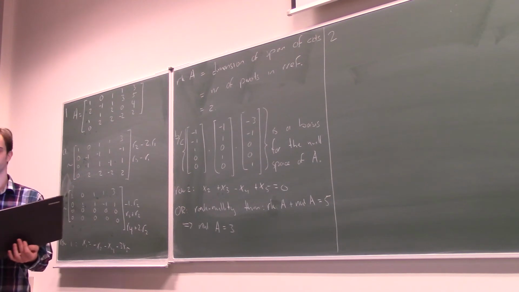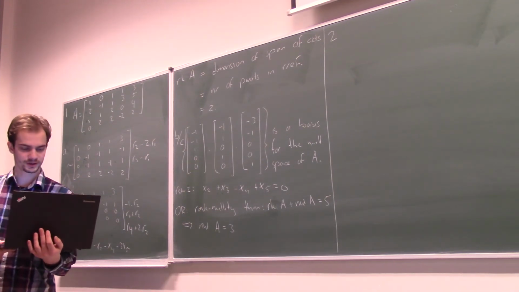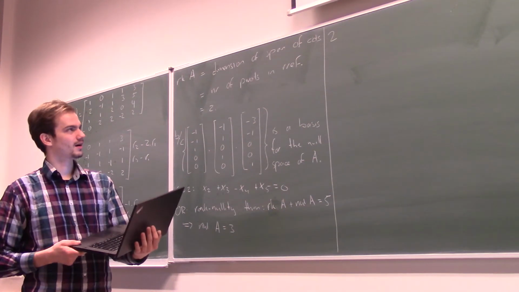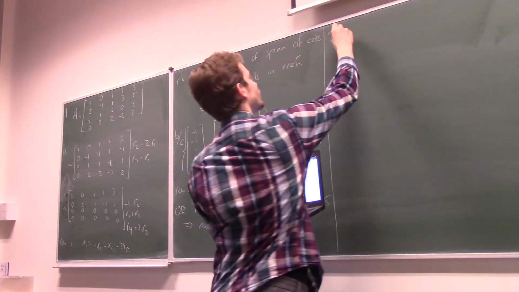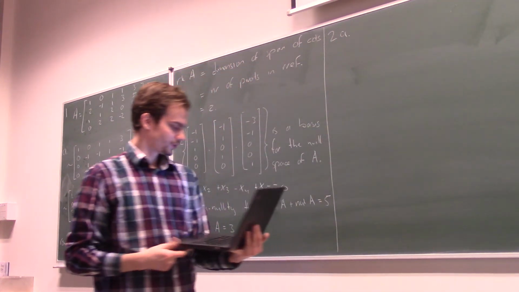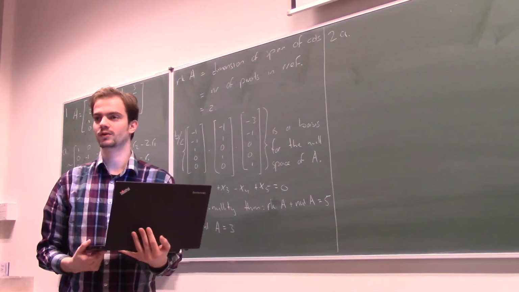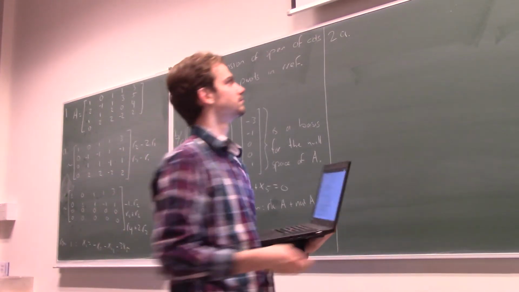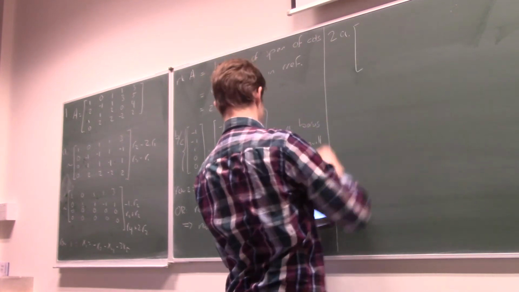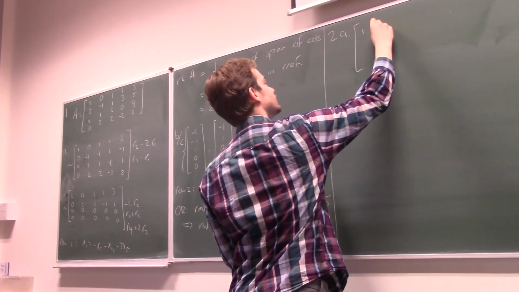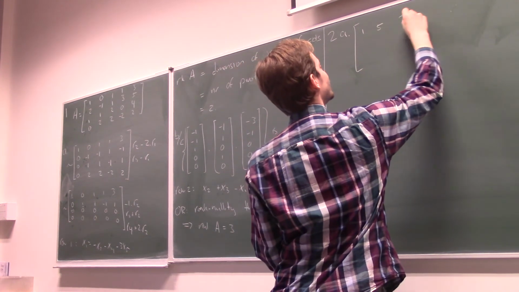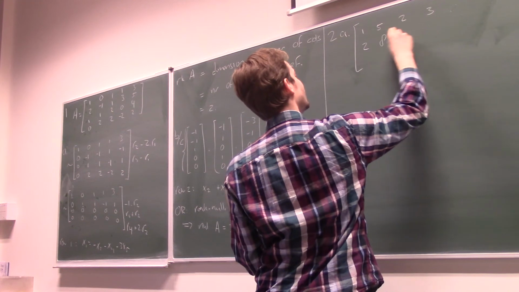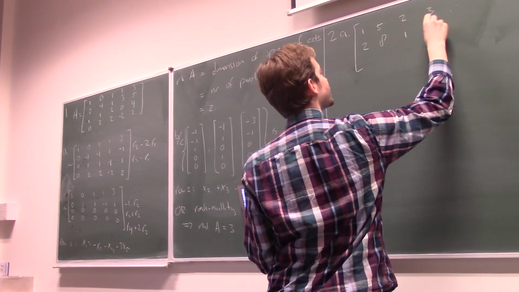Okay, so for question 2, you get a linear function from R4 to R3. I'm not going to write the whole thing down. So the first part is to determine the standard matrix corresponding to it, which just means to write it in a matrix. So you get 1, 2, 5, 2, 3.